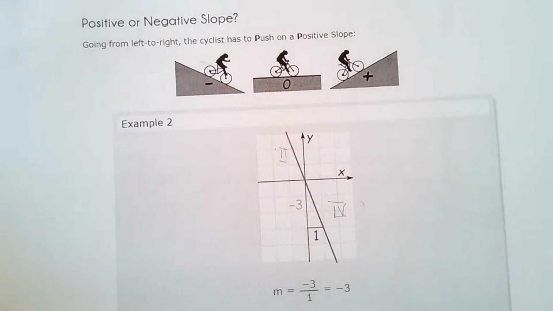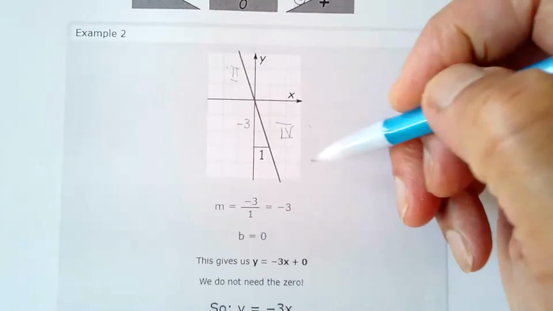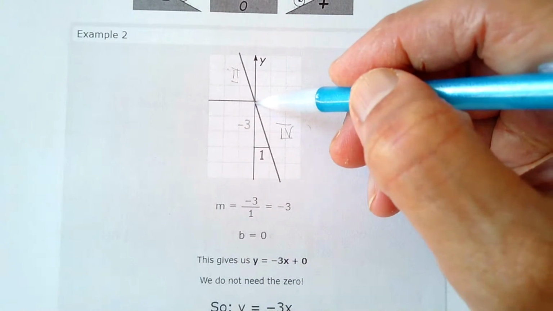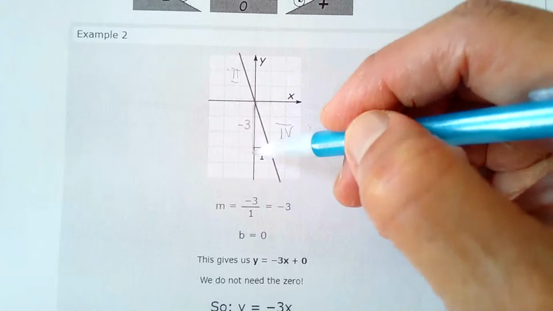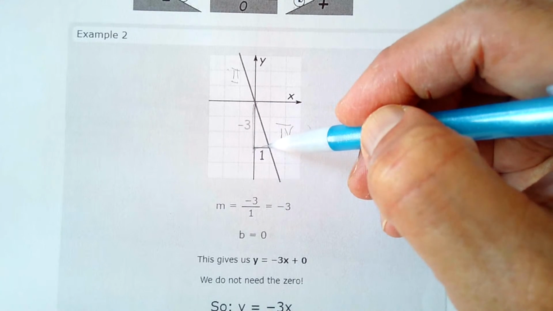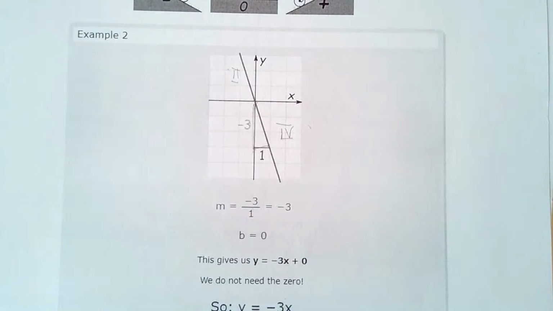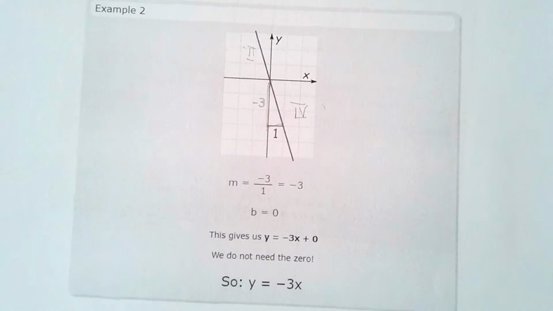On the other hand, we had one example. Here is an example. So we have a negative slope here. So we have our rise, we're going down here, -3, and our run is 1, positive. So -3 over 1 is -3. The slope is negative.